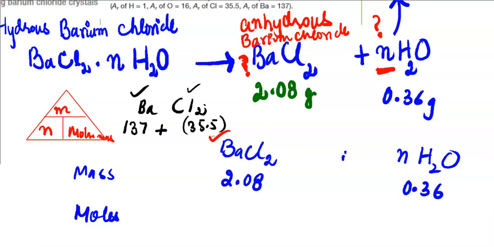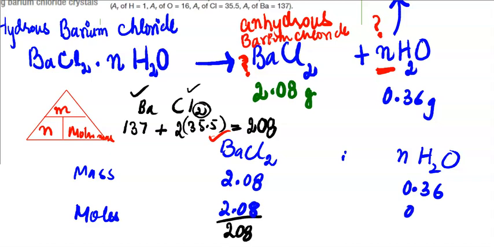Since the number of chlorine atoms is 2, you multiply it by 2 and you get the molar mass, that is 208 gram per mole. So you have your molar mass 208 and you have the mass, that is 2.08.